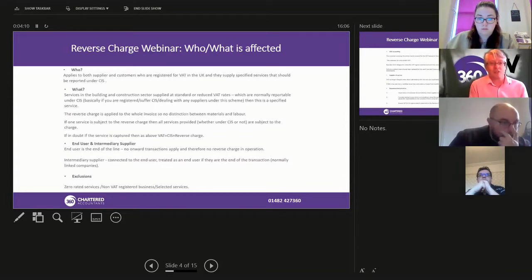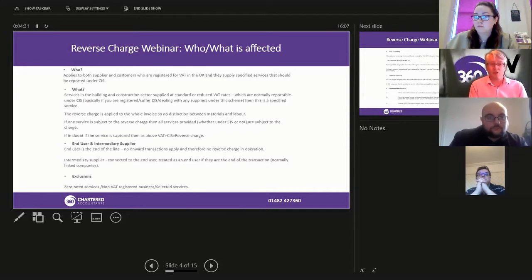And it's applied to the whole invoice, so no distinction between materials and labour, which is different to CIS. Obviously, there's different charges on the CIS if it's the split between materials and labour, but the VAT element of it is incorporated in the whole thing.